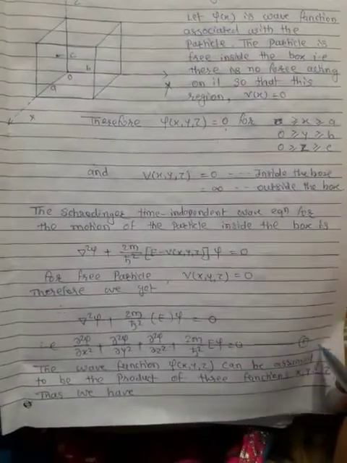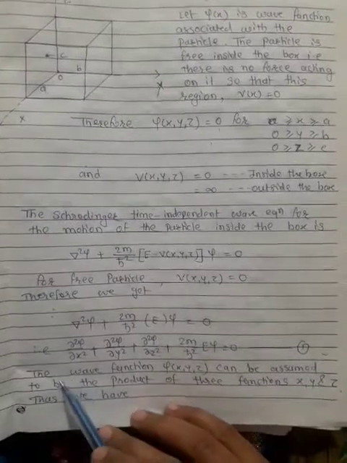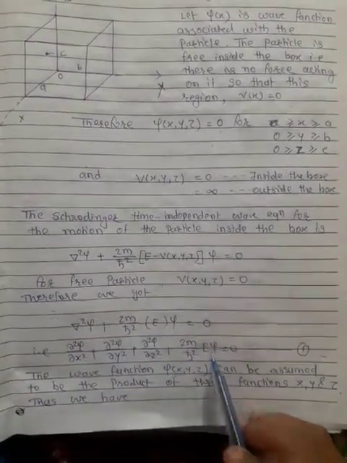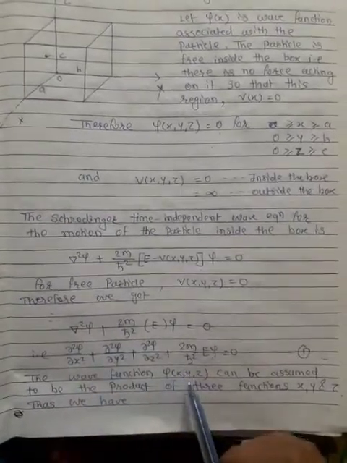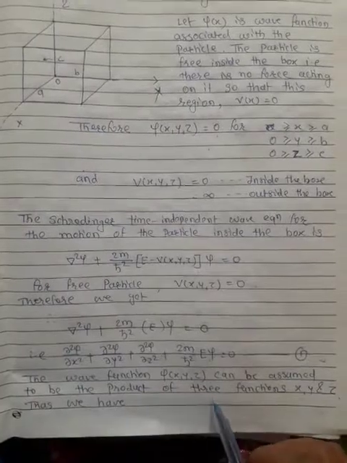This is equation number 1, and it is called the differential equation for the wave function psi. The wave function psi(x, y, z) can be assumed to be the product of three functions.